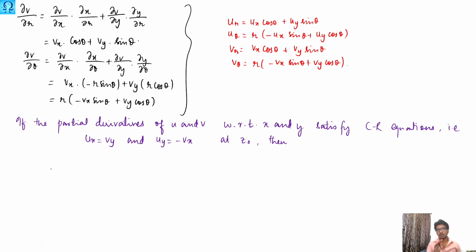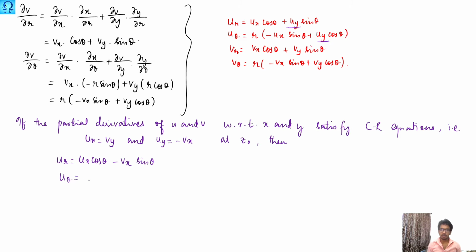Let us try to convert everything in terms of the derivative of x. If we have some derivative with respect to y, that shall be replaced with the derivative in x accordingly. So then ur becomes ux cosine theta plus uy may be written as minus vx sine theta, right?